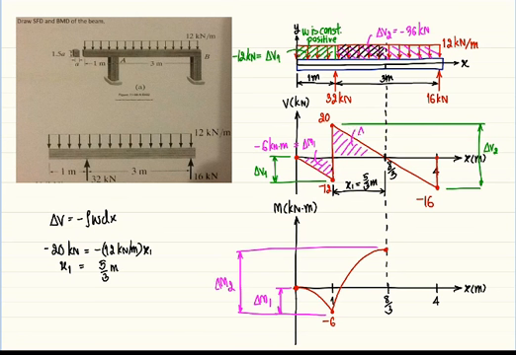This area delta M2 can be found to be 50/3 kilonewton meters. So the value changed by 50/3. So the M value can be calculated to be 32/3 from minus 6 plus 50/3.